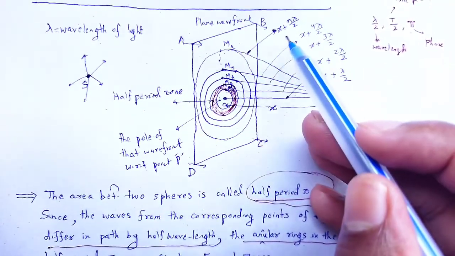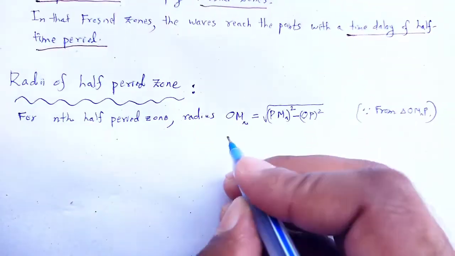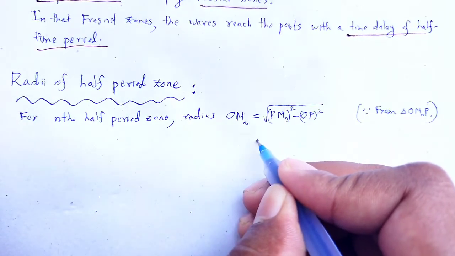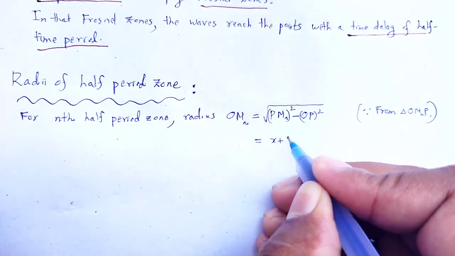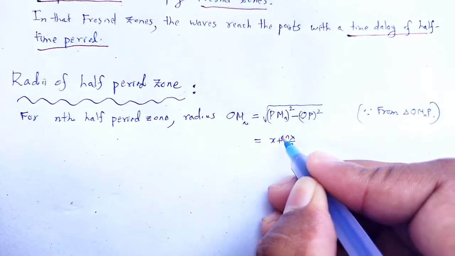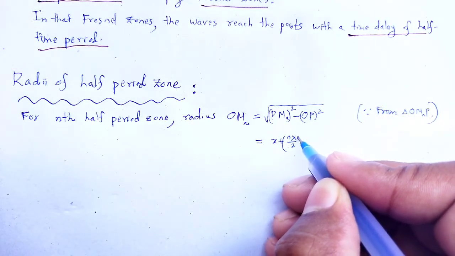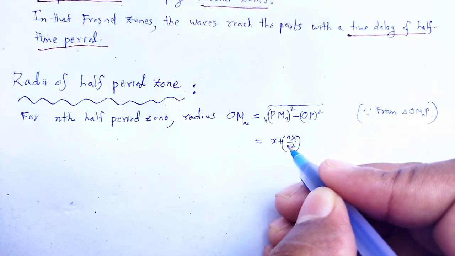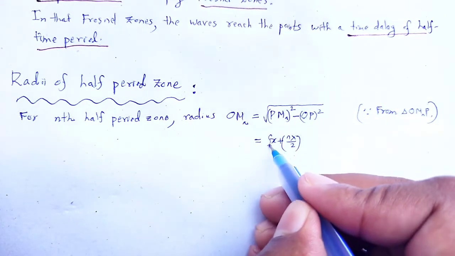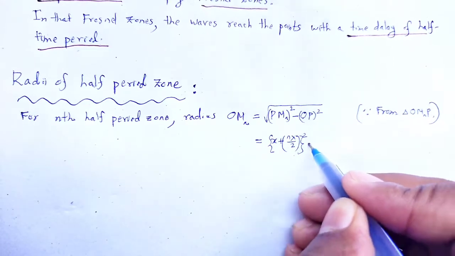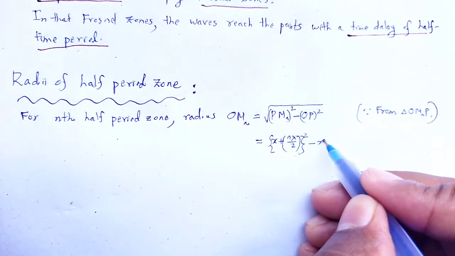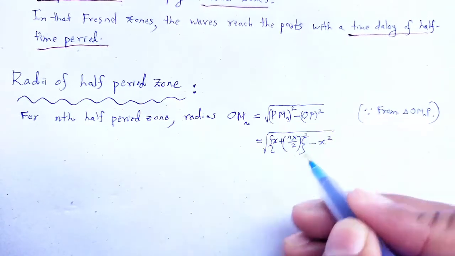PMn square, that is (x plus n lambda by 2) whole square, minus OP square, that is x square, under root.